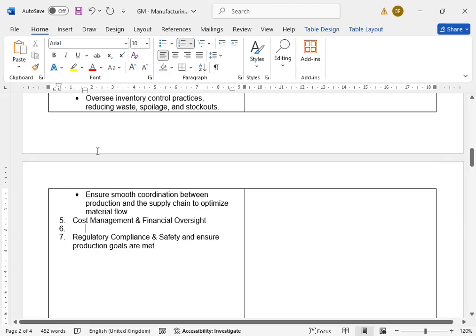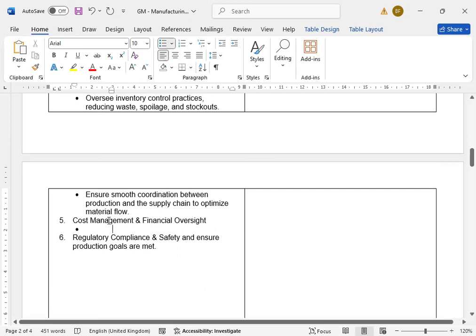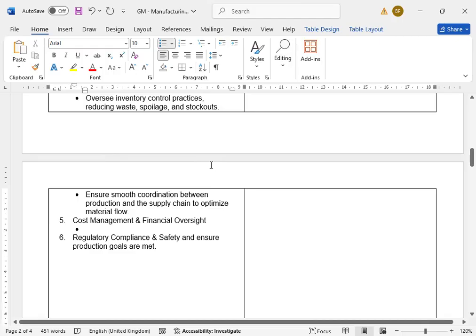Right? Ah, and then of course the bullet. You need bullet for this. And this one too. You need indentation. Okay, so what is number 5?